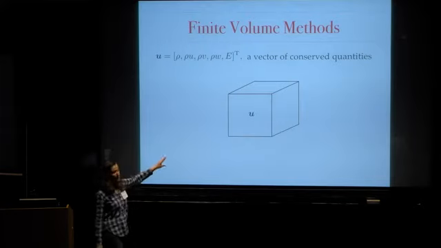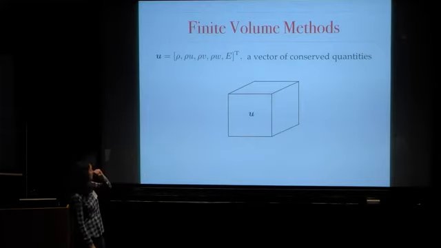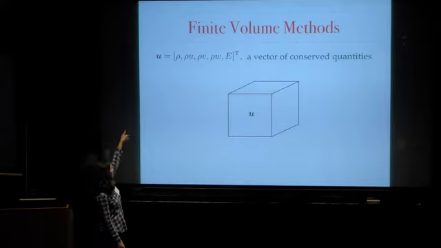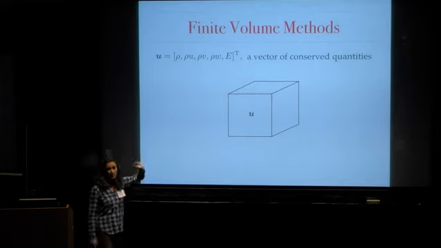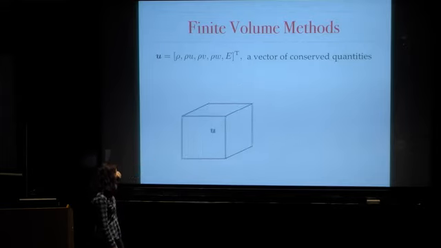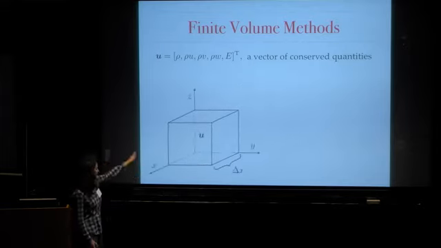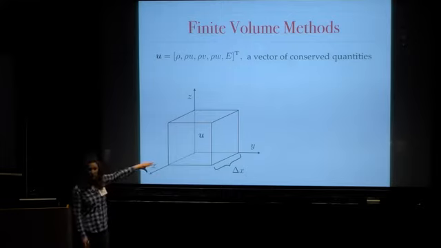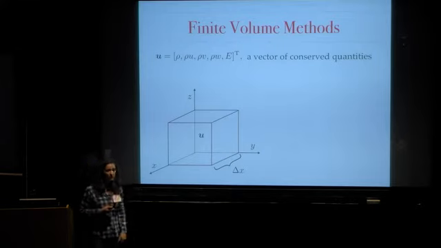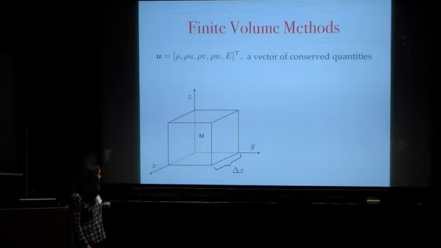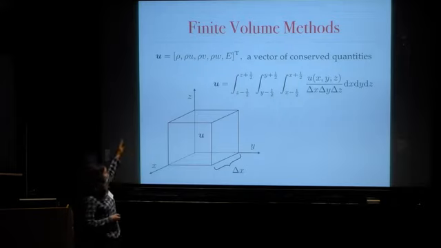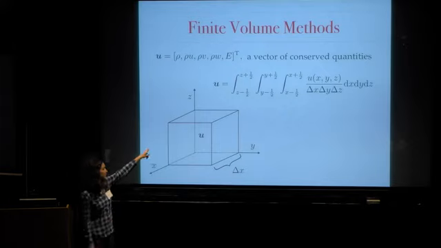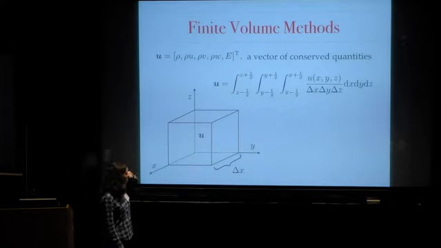Within that cell, we can think of having this vector of conserved quantities, which are the same quantities we've been talking about this whole time: density, three components of momentum, and the total energy. If I set up an actual grid with x, y, and z directions, and I specify some spatial distance delta x, I can write these conserved quantities as just an integral over this volume. That's all that this expression says.